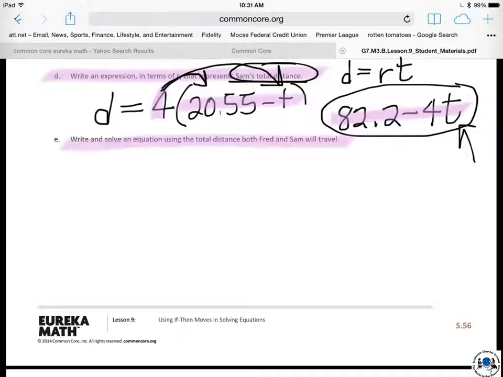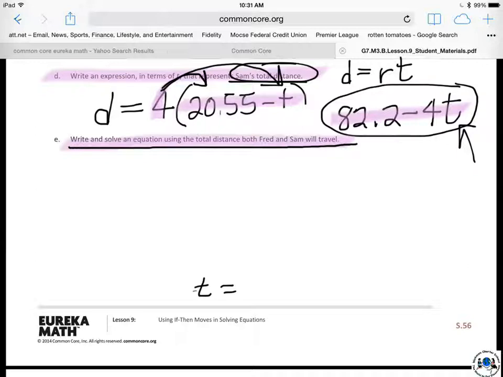At the end of all of this, you're going to have an initial answer of t equals, and then we're going to be able to use that to find out. And that of course is Fred's time.